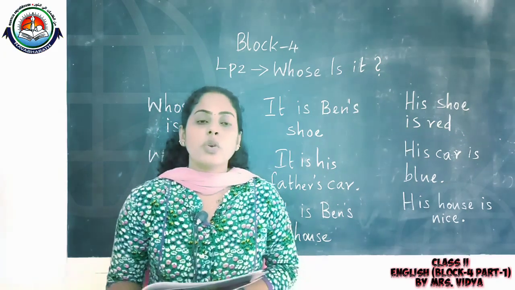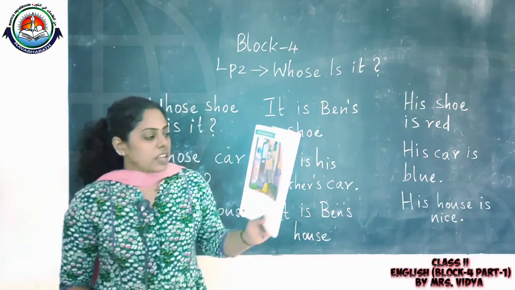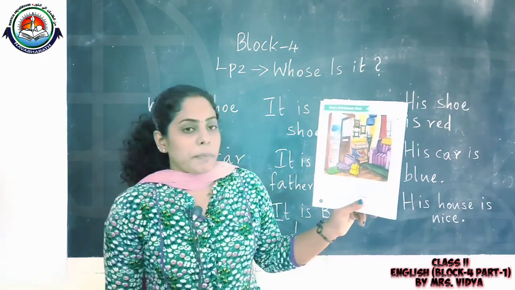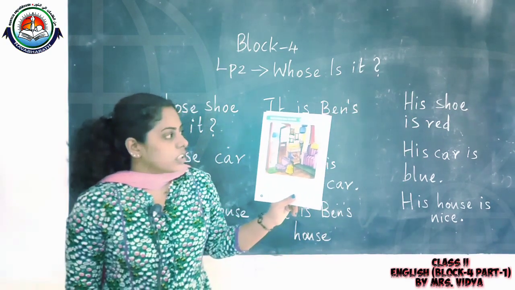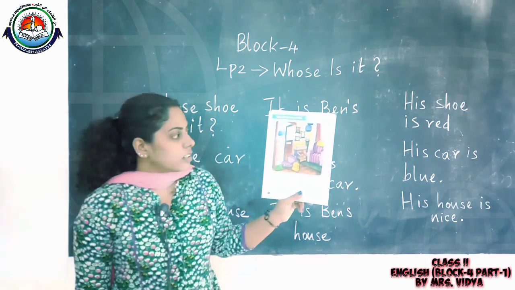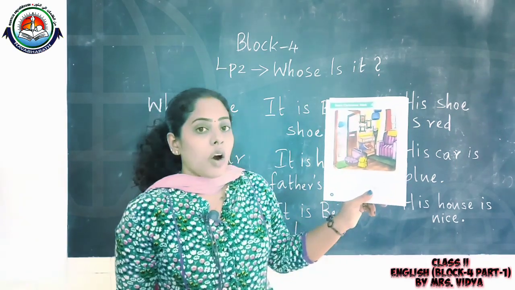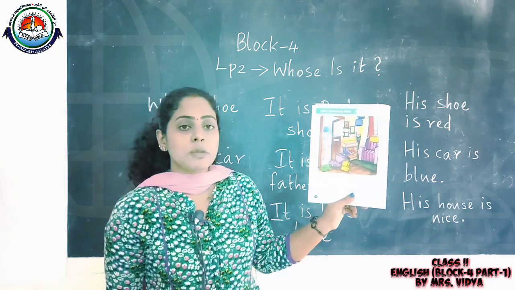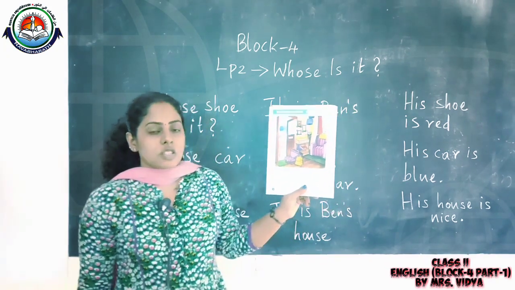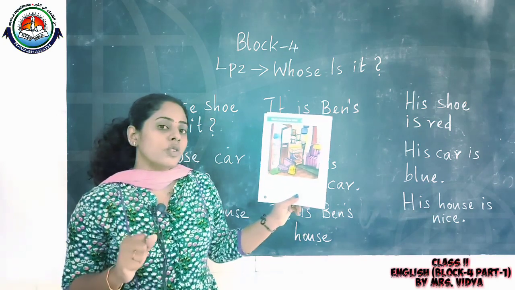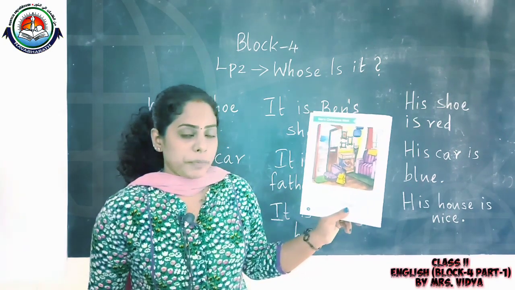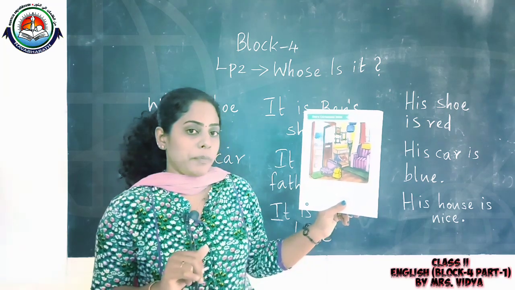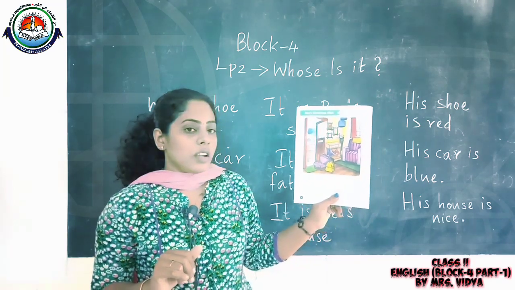So what are the things you can see in this picture? Yes, you can see one shoe there, one bag there, and one umbrella there, and outside one car we can see. So more things are there in this picture. So that all belongs to Ben's family. Isn't it?